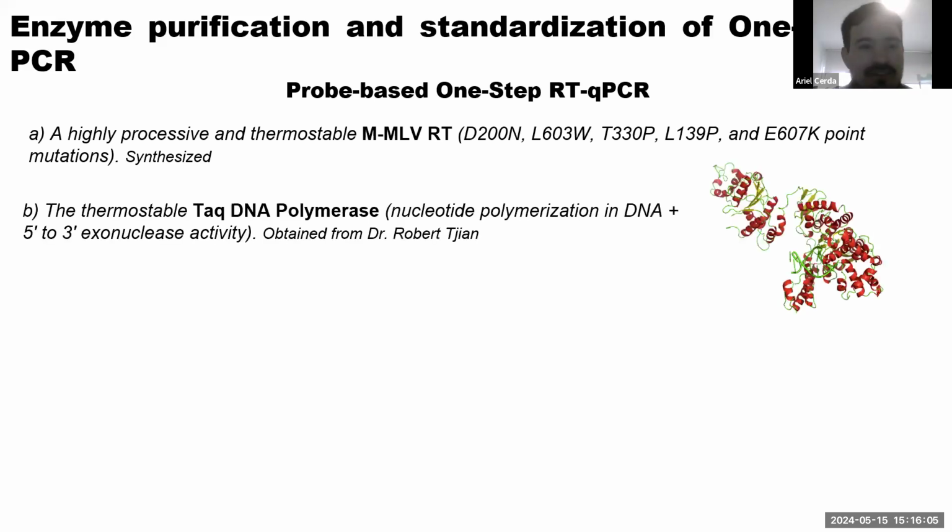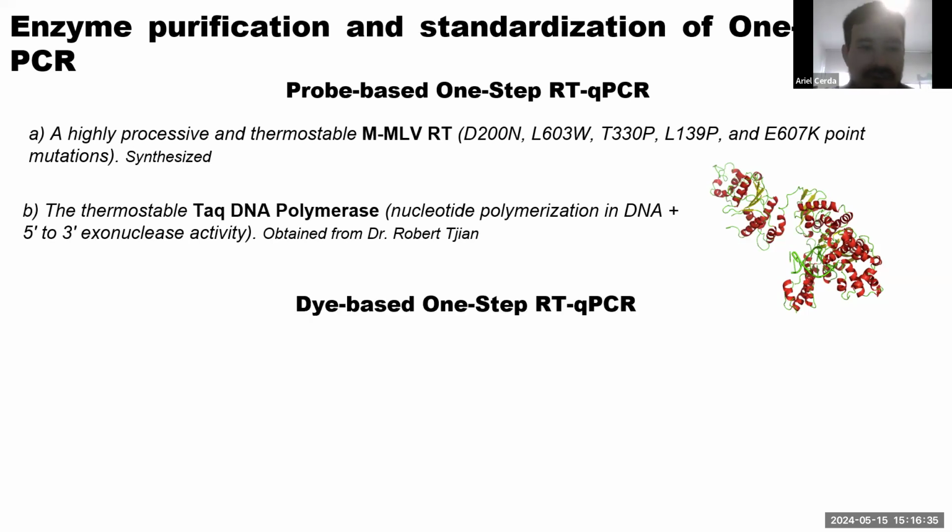Additionally, the thermostable Taq DNA polymerase was employed, which not only catalyzes the polymerization of nucleotides in double-strand DNA, but also exhibits exonuclease activity that is required for this kind of assay. This activity is crucial as it allows for effective use of probes in our assays.